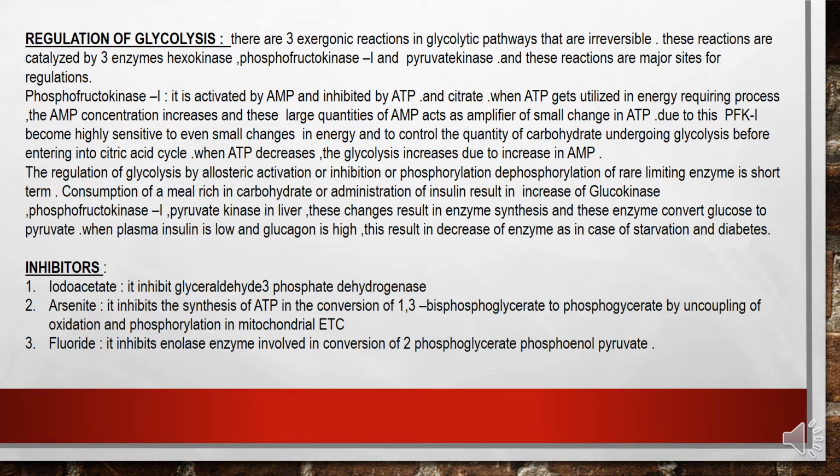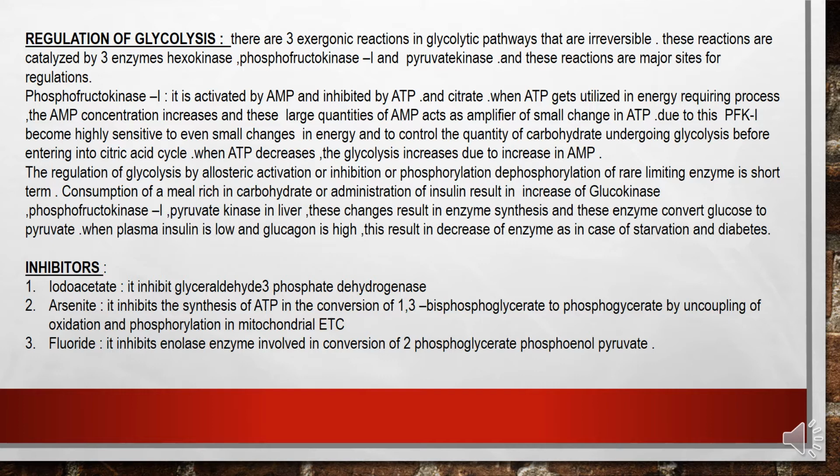Phosphofructokinase 1 is activated by AMP and inhibited by ATP and citrate. When ATP gets utilized in energy requiring processes, the AMP concentration increases, and this large quantity of AMP acts as an amplifier of small changes in ATP.